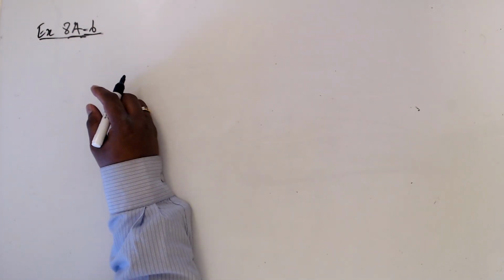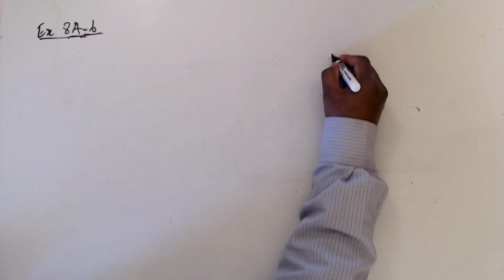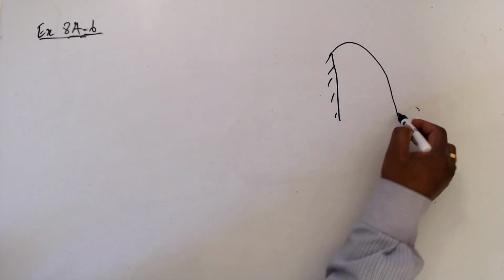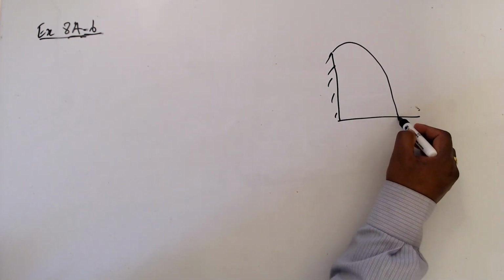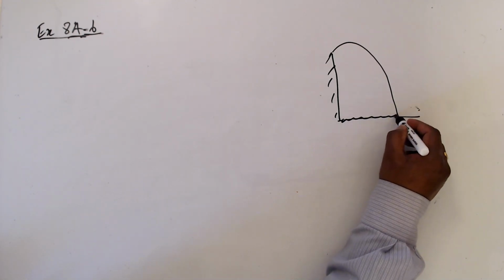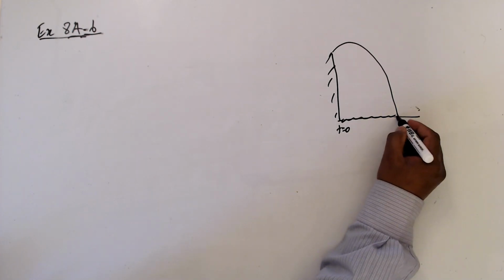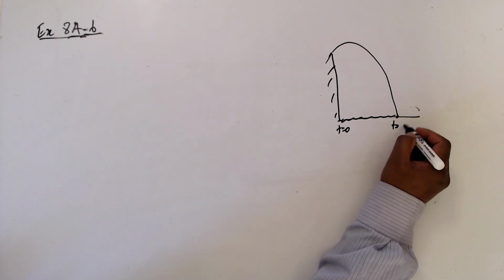Question number 6. The model for the height of the stone above sea level in question 2 is only valid from when the stone is thrown until it enters the sea. Find the range of values. So this is the cliff, and the stone is thrown like this. This is the sea level. This is the only area that t is valid for. This is t equals 0, and we want to find this t value, let's say alpha.